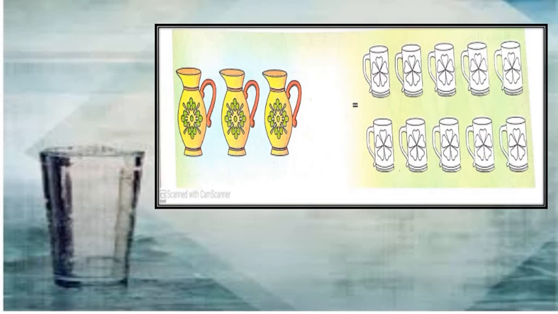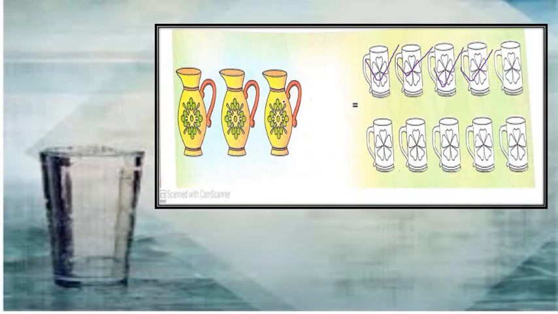Let's solve it. First of all, let's find out for this one jug. To fill this one jug, we need 1 and 2 mugs. To fill this jug, we need 1 and 2.